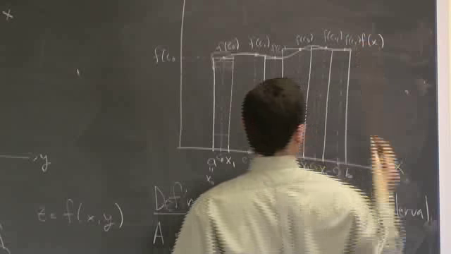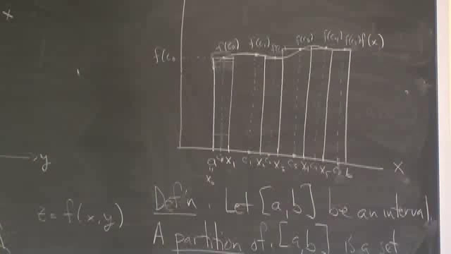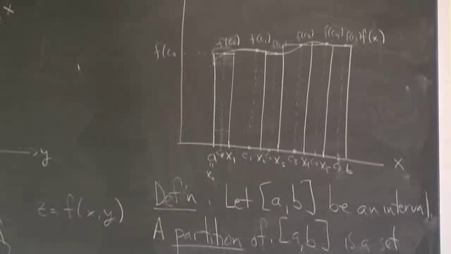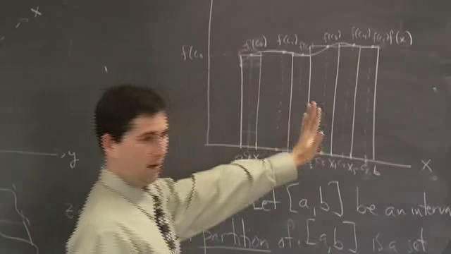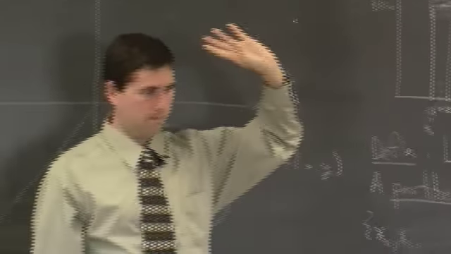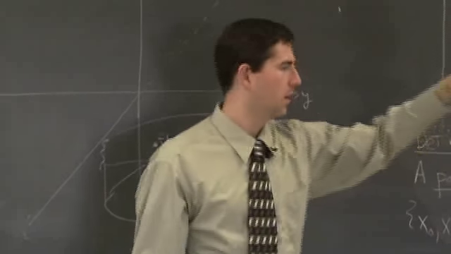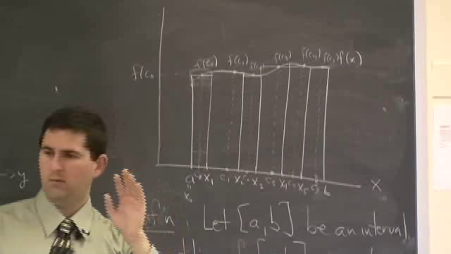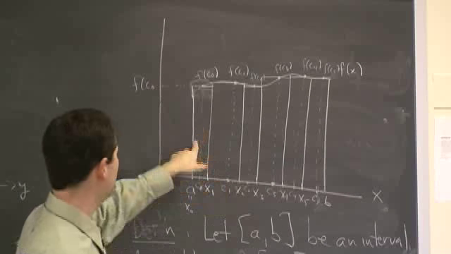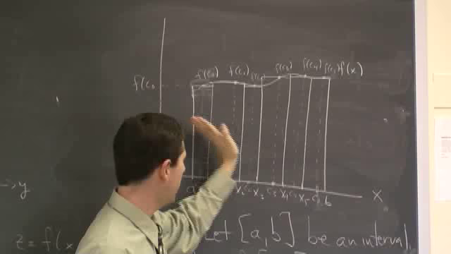Okay, and I can draw that rectangle. Okay, so I'm no longer asking the impossible question, what's the area under that curve? I'm now only asking you the very easy question, what is the area of all of these rectangles?